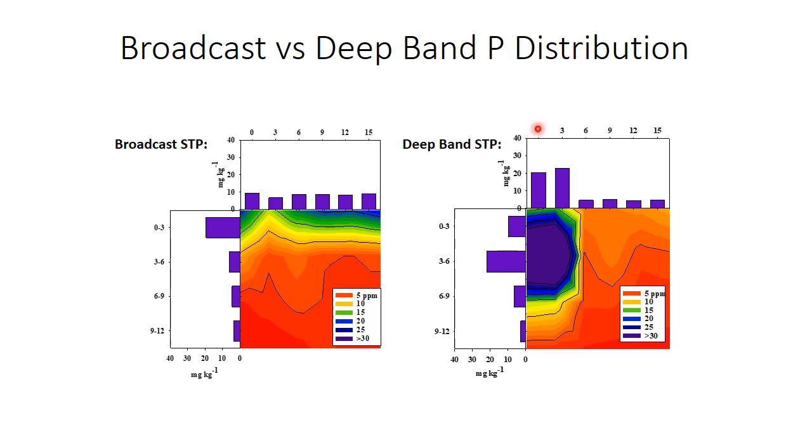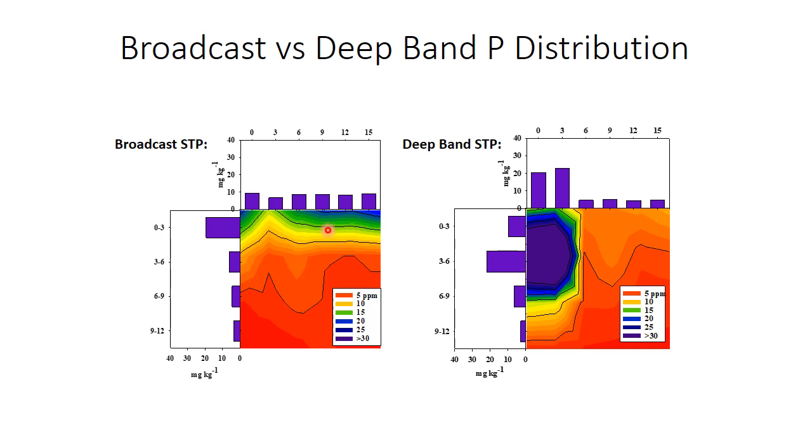How this graph is set up is the left side is the row, and if these are 30-inch rows, then 15 inches would be directly in between two rows. And same with this figure. Then we have depth in 3-inch increments down to 12 feet. So 6 inches below the surface, right below the row, is right where the deep band was placed. In this area, the phosphorus fixation demand of the soil has been satisfied, and any applied phosphorus beyond that amount is readily available for plants.